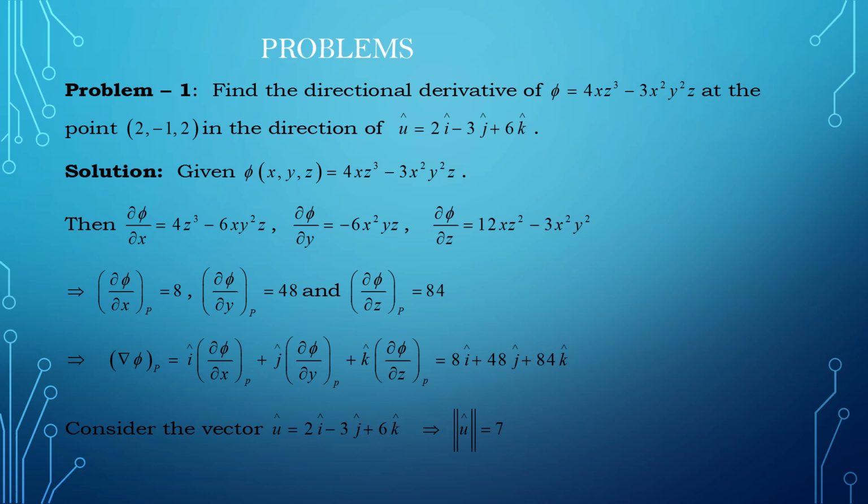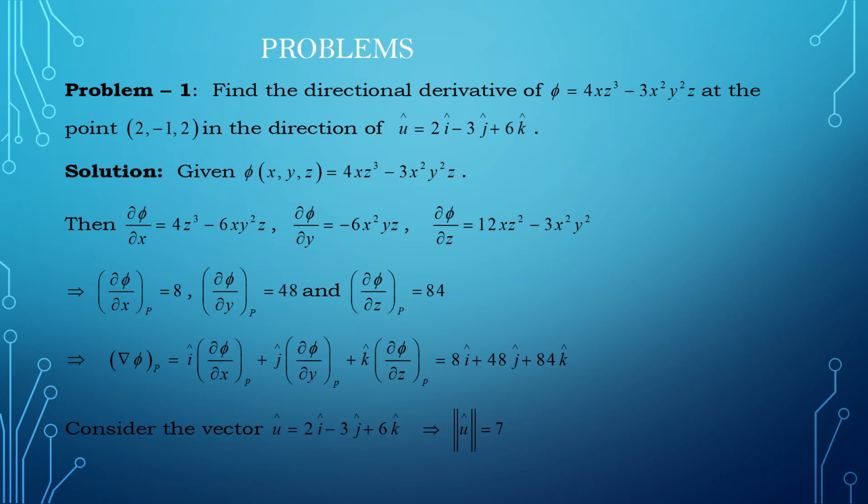Now to find the directional derivative of the given surface phi of x comma y comma z at the given point P (2, minus 1, 2) in the direction of the given vector 2i cap minus 3j cap plus 6k cap, we consider the surface phi equals 4xz cube minus 3x square y square z.